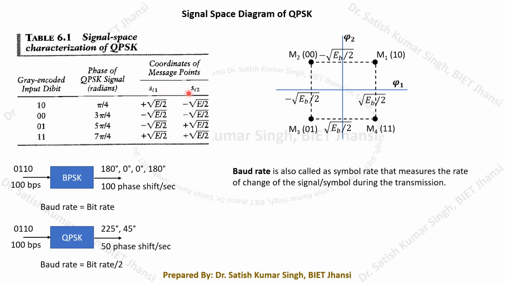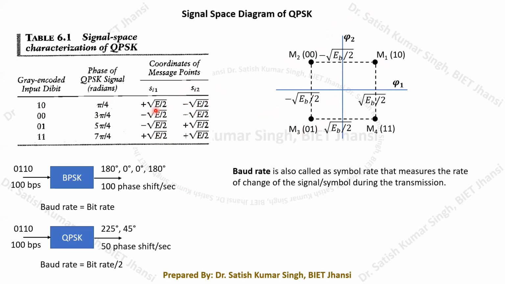So these are the magnitudes. When we want to represent 1 0 on this signal space diagram, it can be represented by the coordinate point plus root E by 2 and minus root E by 2.